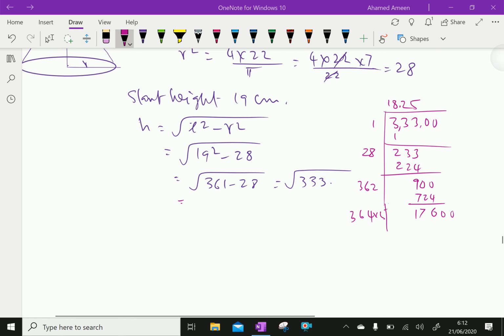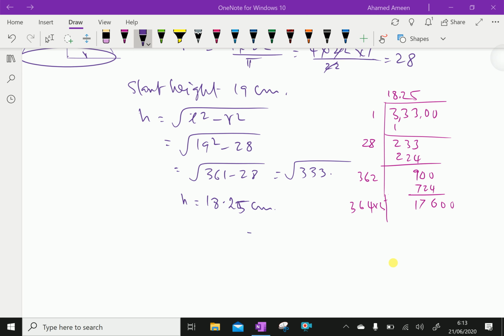So our approximate value of h equals 18.25 centimeter. We got it.